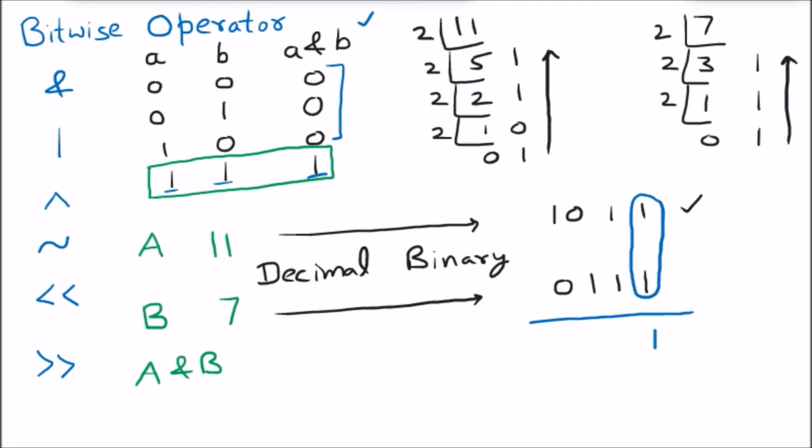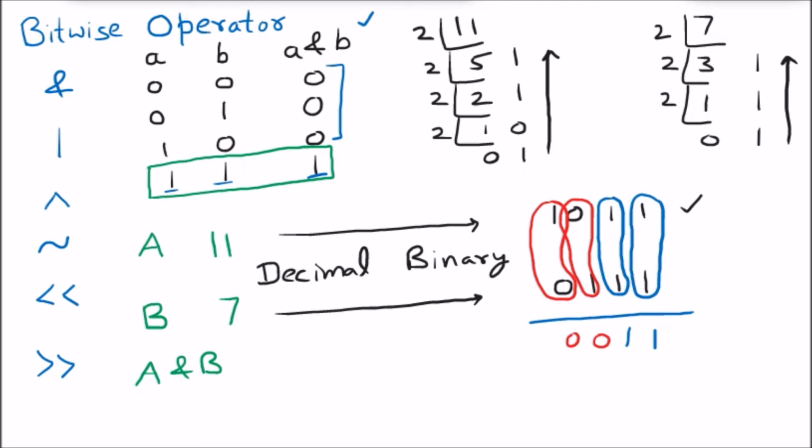So 1 will come here. These two are again 1. So 1 will come here. Then this is 0 and 1. Both 1s are not there. So 0 will come here. Again, both 1s are not there. So 0 will come. So that is the answer of A and B in the binary form.